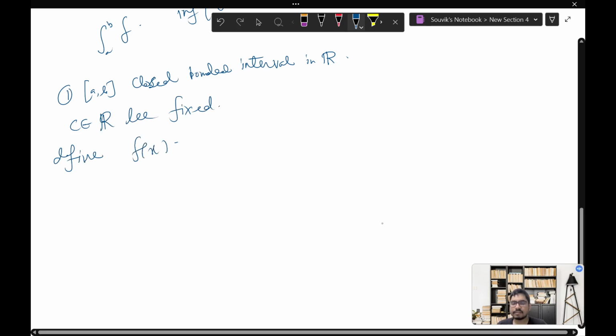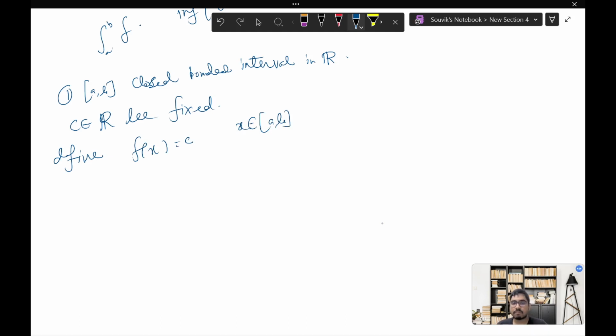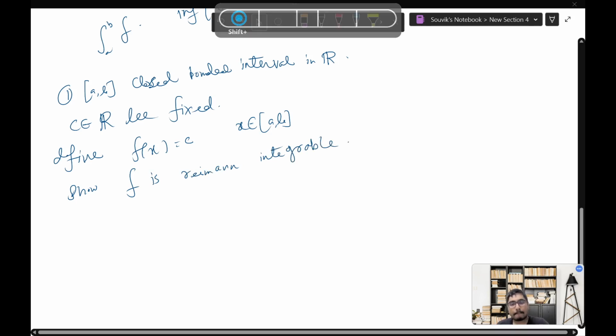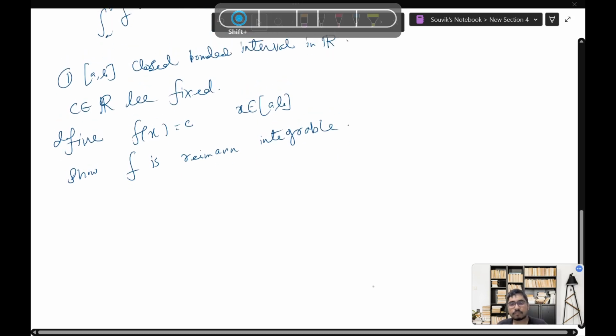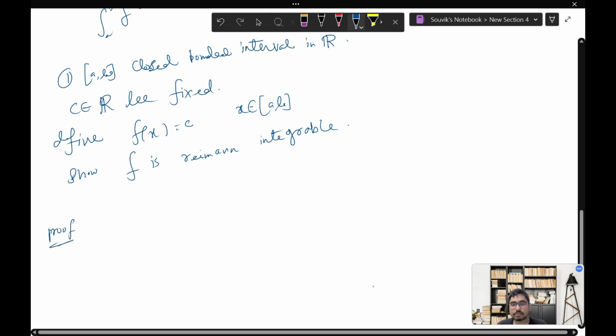If f(x) is equal to c, that is a constant map, show that f is Riemann integrable. How to do it?